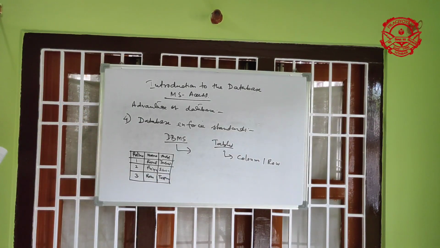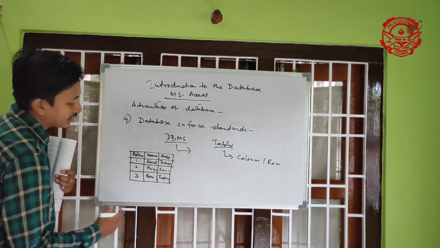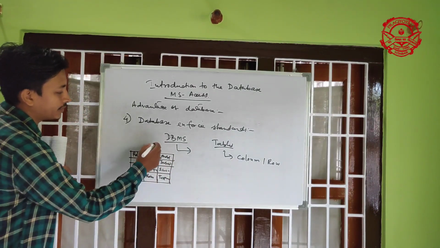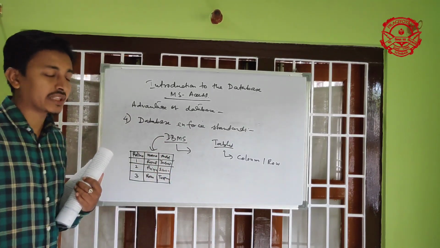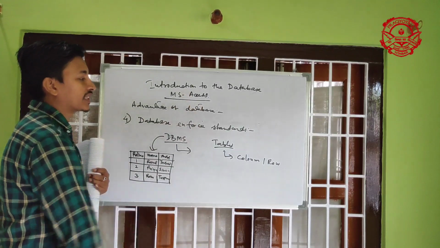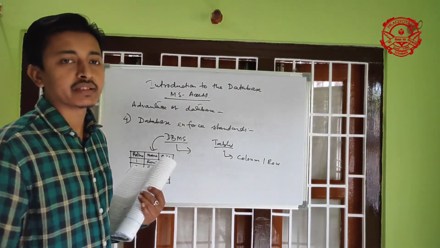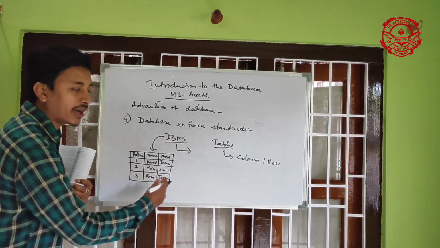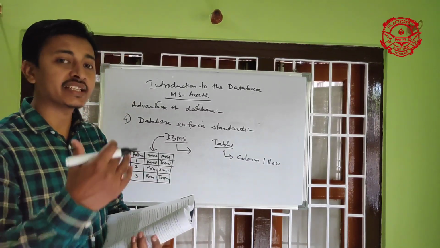Now in this table you can see the whole data is row-wise or column-wise. That's why the database enforces standards. It does not display data in any format; it only displays data row-wise or column-wise. So it maintains standards.